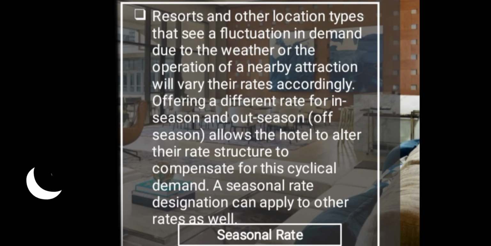So, seasonal rate. Seasonal and resort hotels usually have fluctuating demand. When you see fluctuating, it's changing.